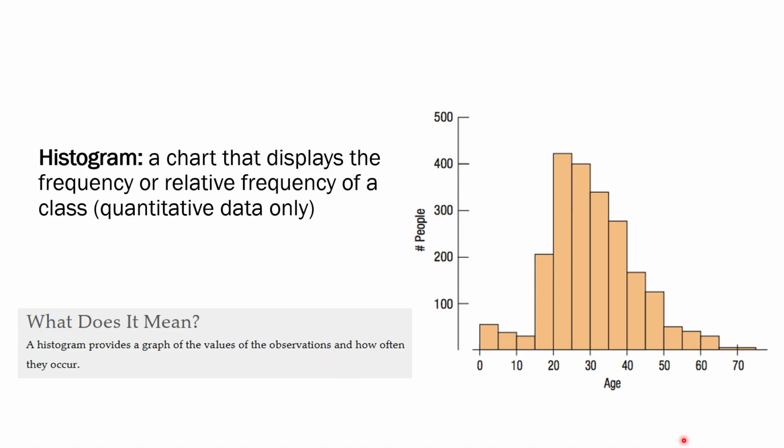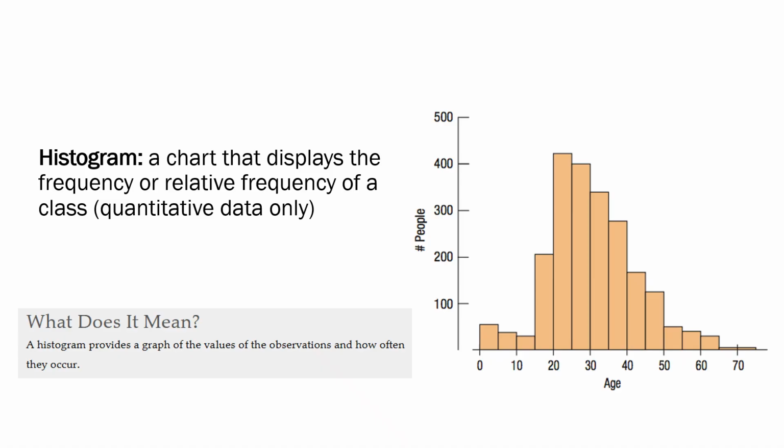So for single value grouping, we use the distinct values of the observations to label the bars. So each value will be centered right underneath the bar here. But for limit grouping or cut point grouping, we're going to use lower class limits or the lower class cut points to label the bars instead. And of course, this might change depending on what you're working on and who you're working on it with.